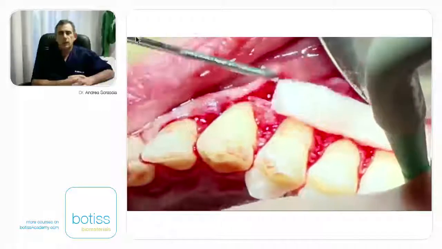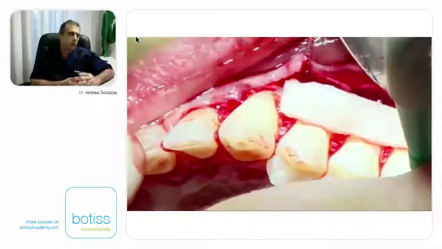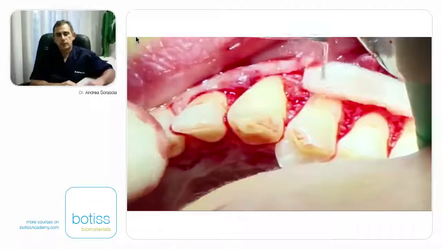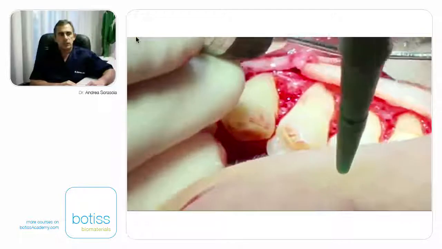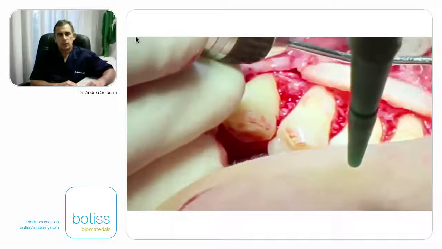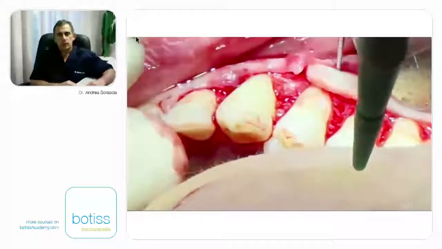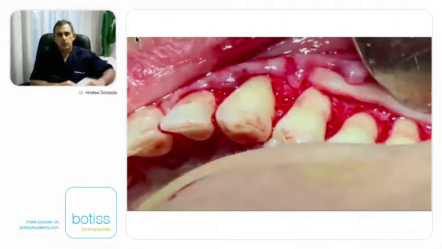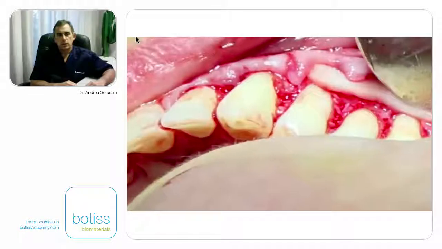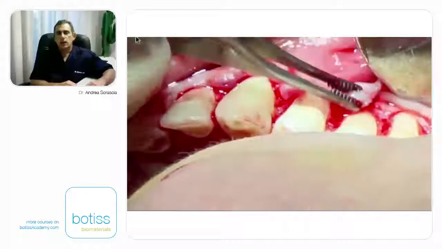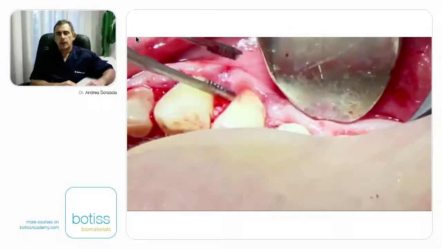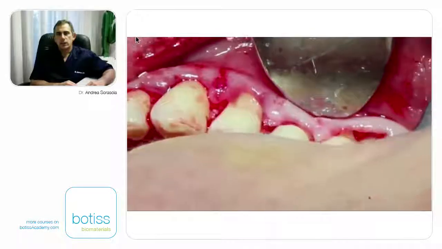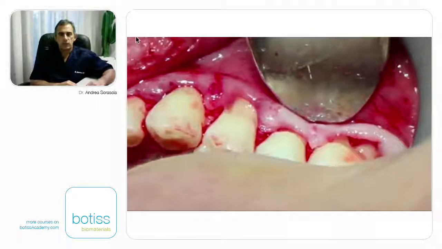And at this point, you use the envelope technique to stabilize the membrane, and I start stitching.